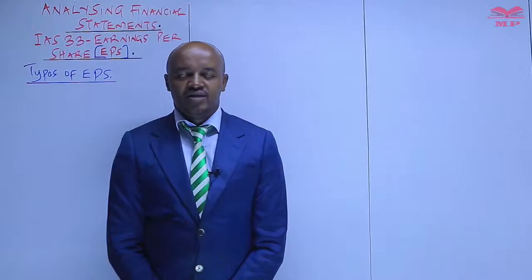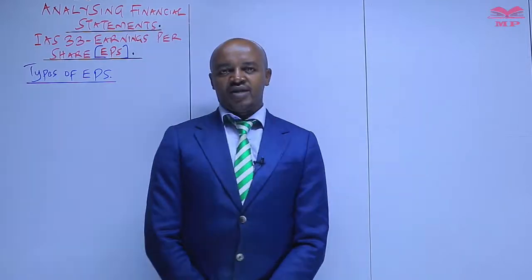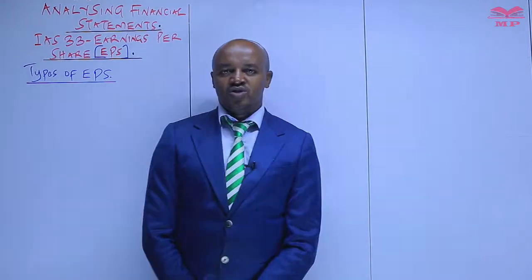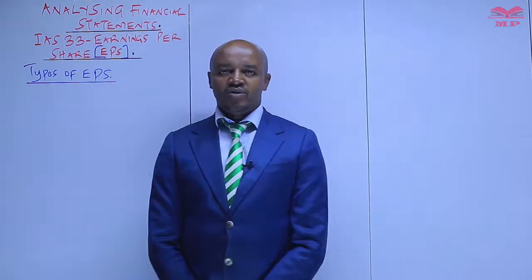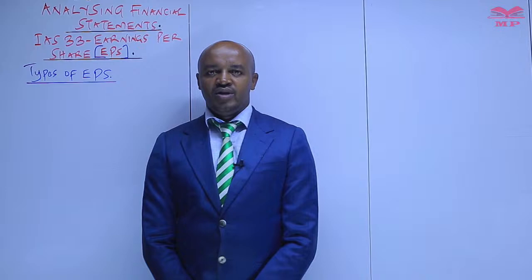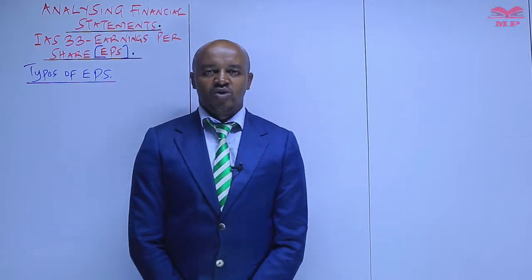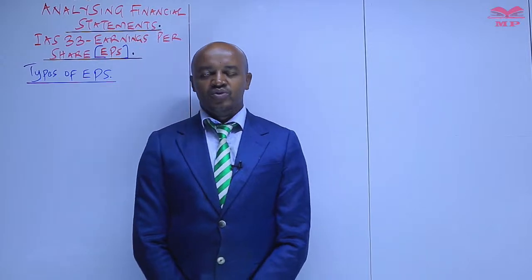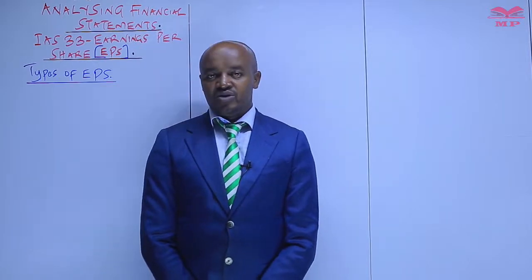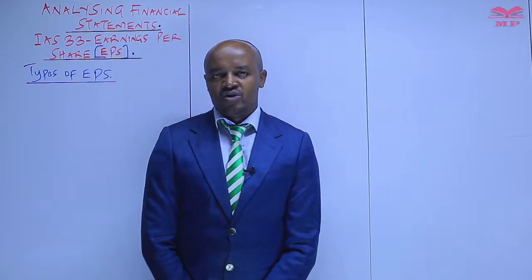Hi candidate, welcome to another session of manifested online classes. In this session, I want us to continue with the topic of earnings per share. In our first session on this topic, we defined what earnings per share is. We looked at the importance, or basically the benefit, of earnings per share, and also defined some of the terms you need to know and will come across during the computation of earnings per share.